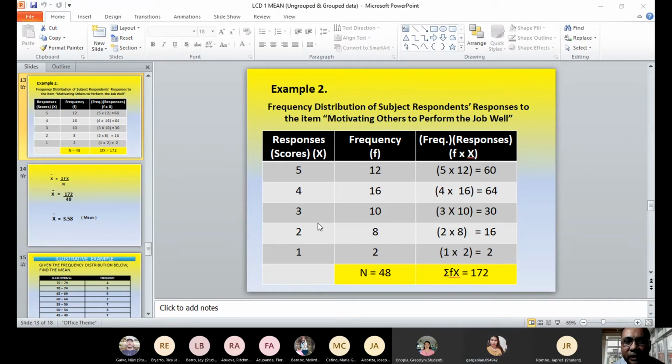So this is very important. This is how to interpret the results of your respondents. The mean score range 4.5 to 5, your interpretation is very high level. Talking about level, we have very high level, high level, moderate level, low level, and very low level.